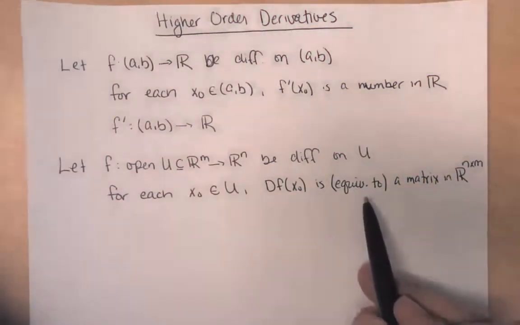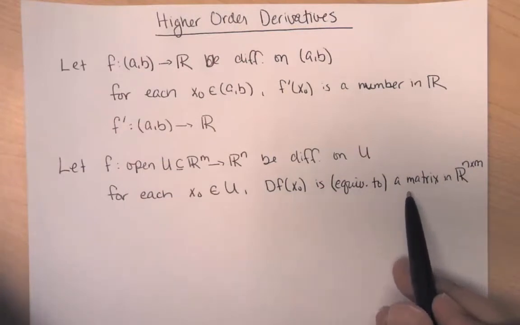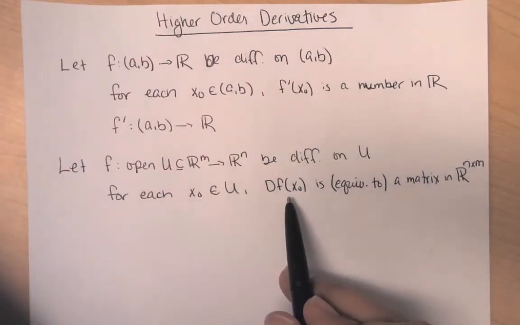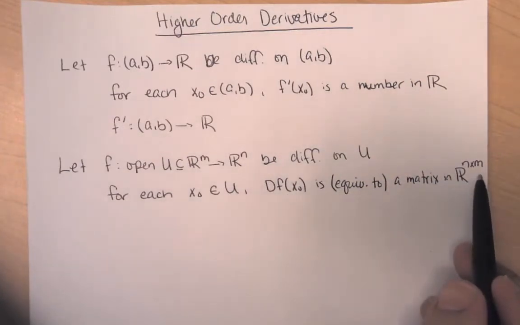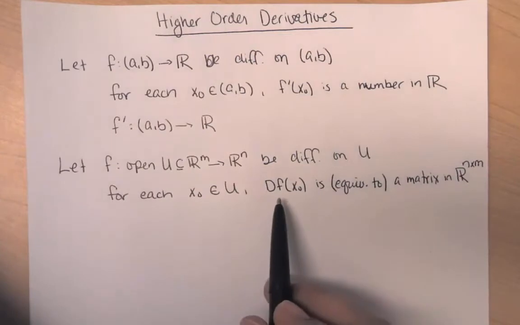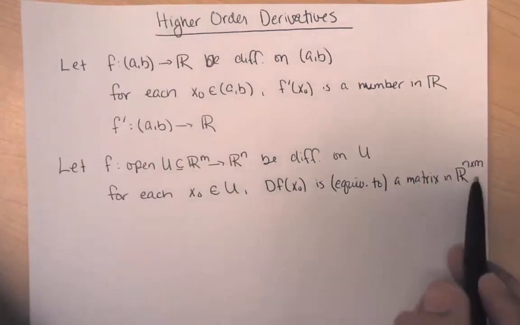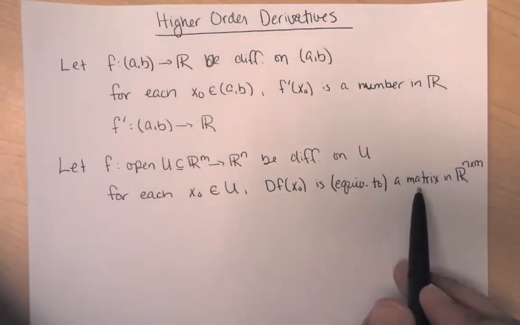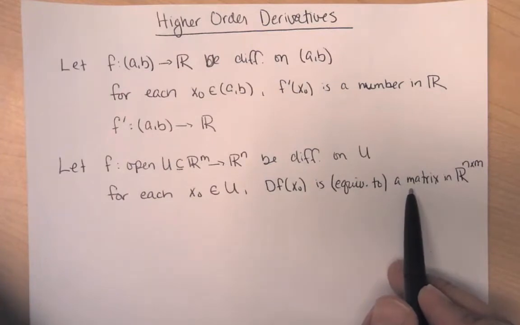I say equivalent to a matrix because, as we said in the definition of the derivative, we can also think of it as a linear mapping from Rm to Rn. But every linear mapping from Rm to Rn can also be thought of as a matrix.